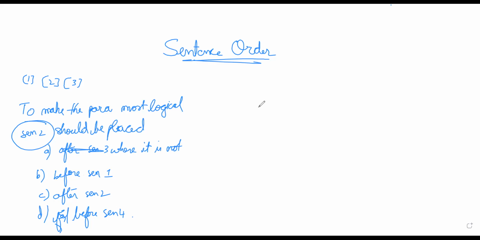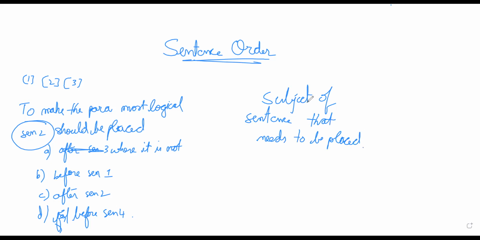You are supposed to check the subject of the sentence that needs to be placed. The sentence you want to place should be placed around the subject where it is already discussed. Let me give you an example and then it will be clear.